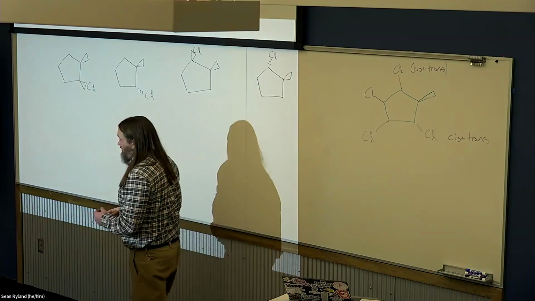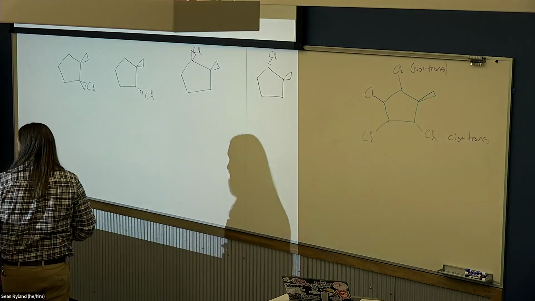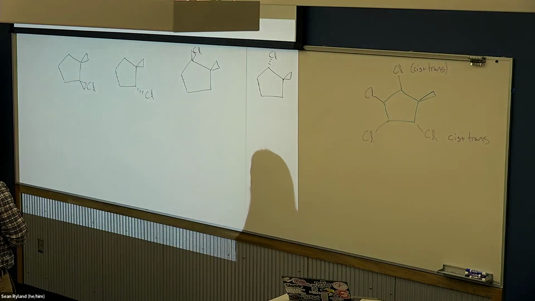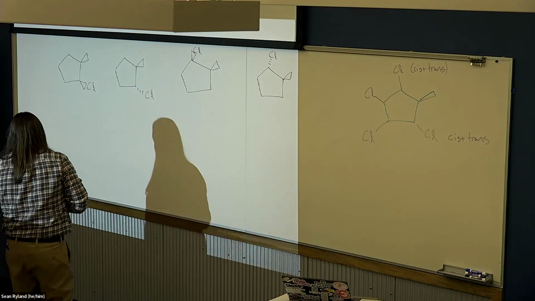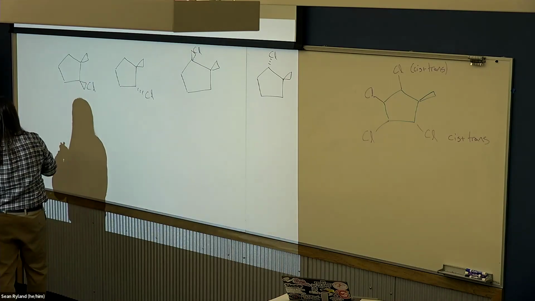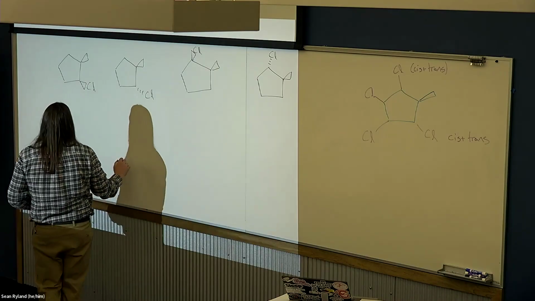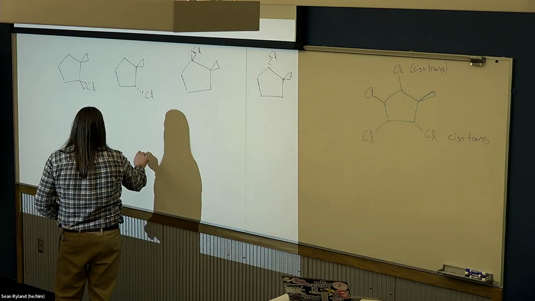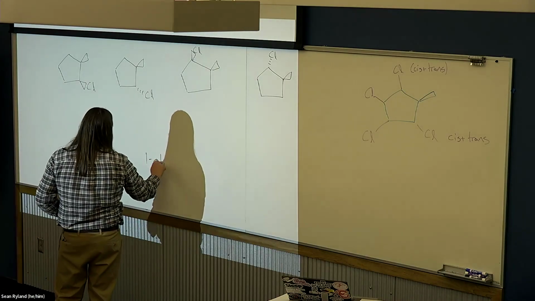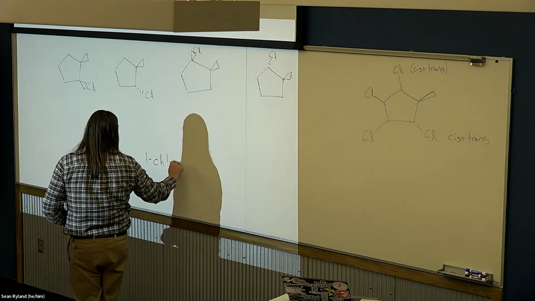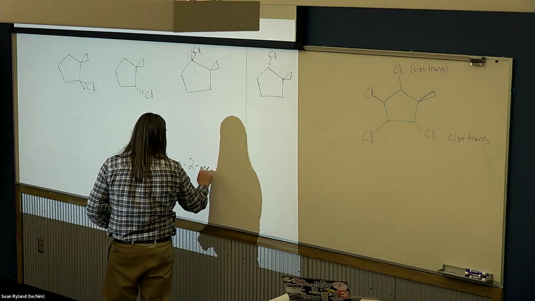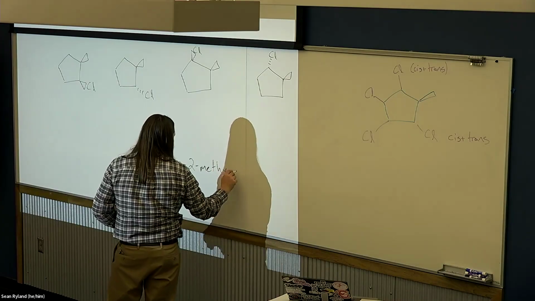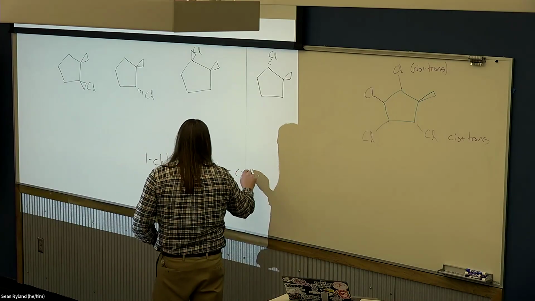All right, so let's just look at these 4 first. These are going to be separate stereoisomers, because for this one, they're all going to be, let's say, 1-chloro-2-methylcyclopentane.